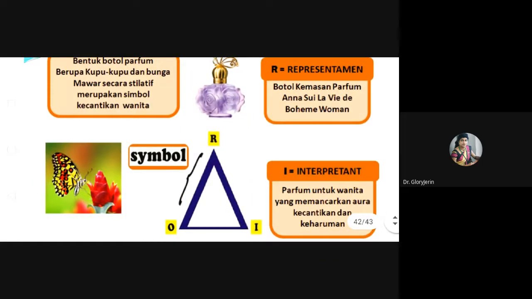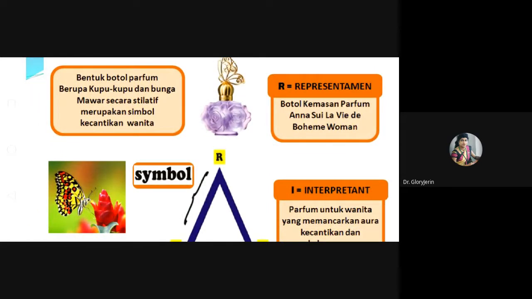Symbol. In symbol signs for perfume, symbols are conventional signs that depend on customs. Their meanings are made based on a contract or agreement called conventions. A contract, a made agreement: we can agree that's the meaning. Like we agree that a flower or butterfly is associated with women.